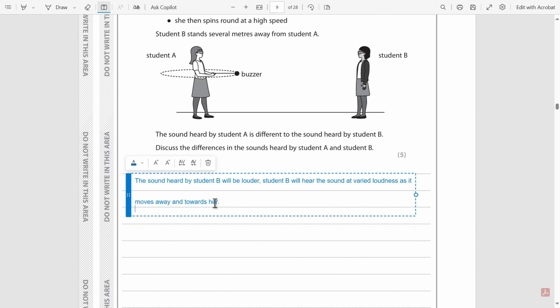Wait. Student A will hear the sound at a constant pitch.